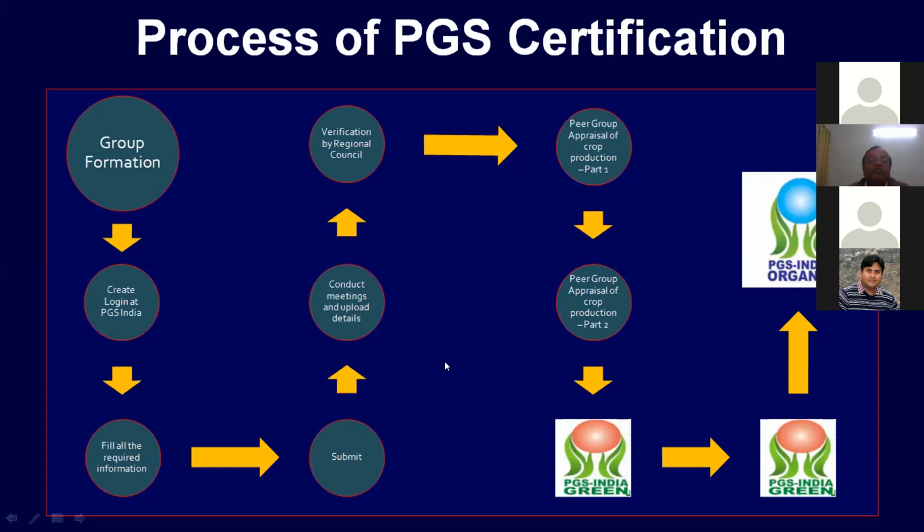And then after verification of the farmer's documents, the regional council awards the certification PGS Green 1 in the first year. And if the farmer has met all the 10 conditions, he is awarded PGS Green 2. And then if the farmer is able to maintain all the 10 conditions on peer appraisal, the farmer is given PGS Organic certification. This is the whole process of organic certification followed under PGS India.